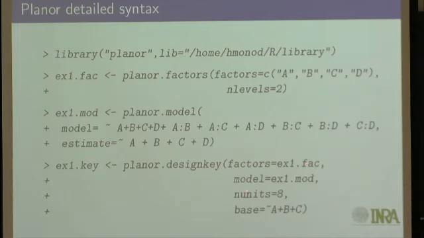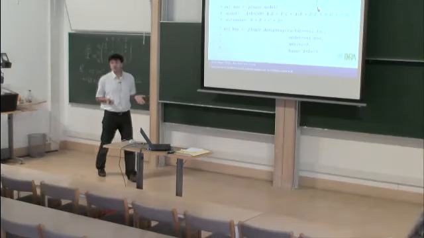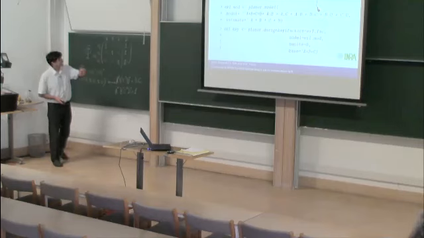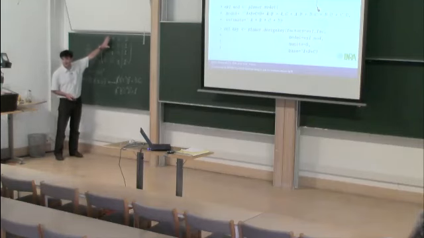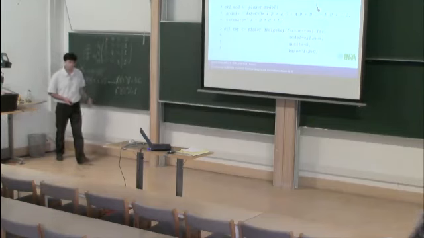We specify that there are 8 units available, and here, in fact, we specify that we want to use the first 3 factors to make a complete factorial design. So the base argument just says that we want this first part of the matrix to be the identity matrix.